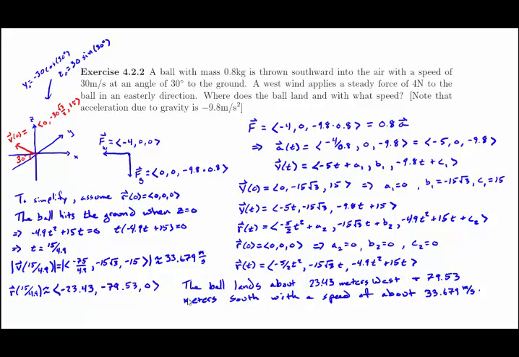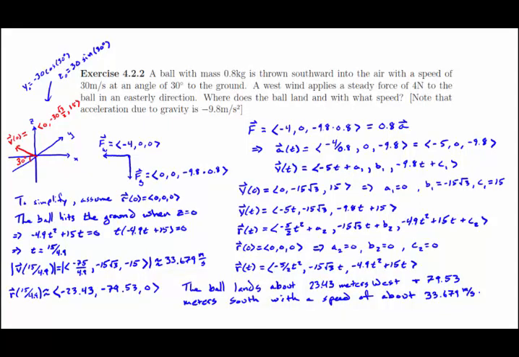And then I state my conclusion. Once again, the ball lands about 23.43 meters west and 79.53 meters south with a speed of about 33.679 meters per second. And we get the west from the negative x coordinate and the south due to the negative y coordinate here. All right, and that's that problem.